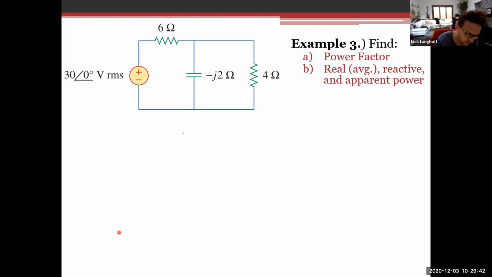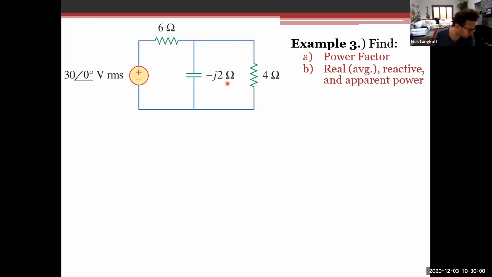Let's note a couple of things before we get started. The impedance of the capacitor has already been calculated, so we don't know what omega is. But it doesn't really matter. The impedance of the cap has already been calculated.